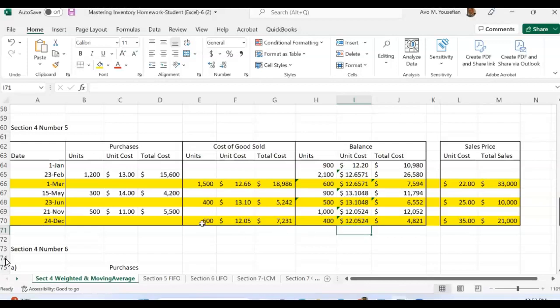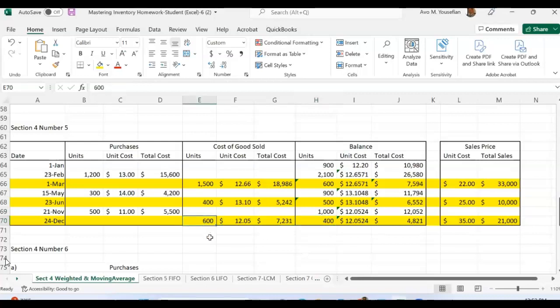Then we sold 600 units at $35 each. So 600 times 35, it's total sales of 21,000. And here is the formula. What is left? So 1,000 minus 600, it's 400 left.